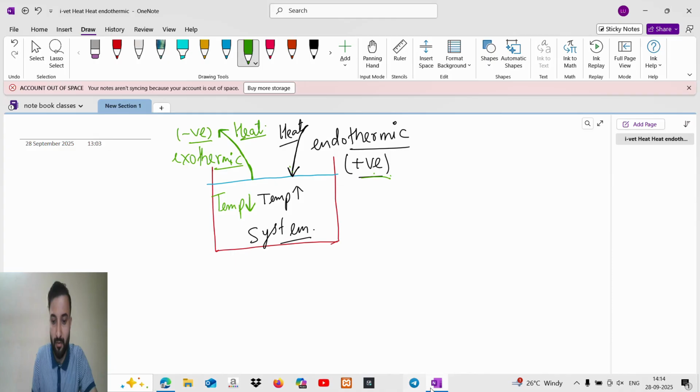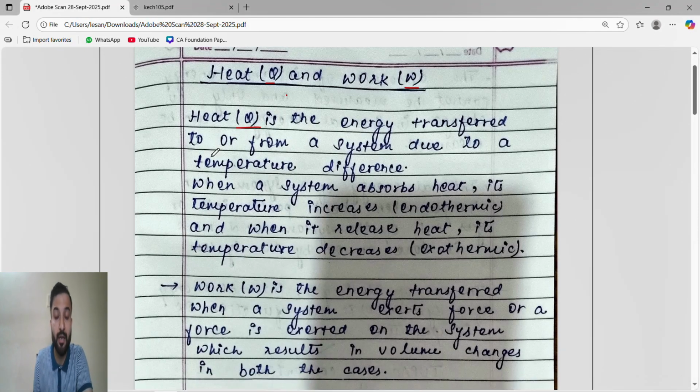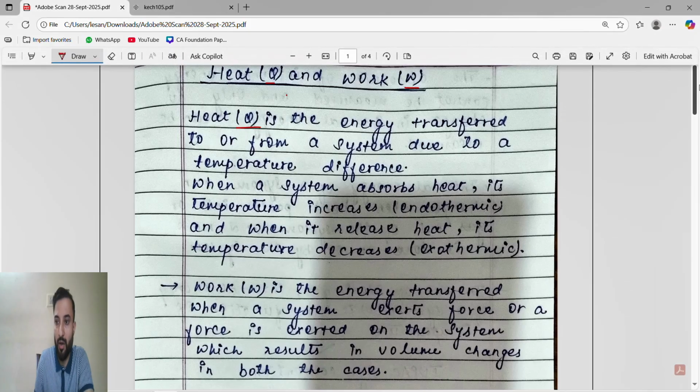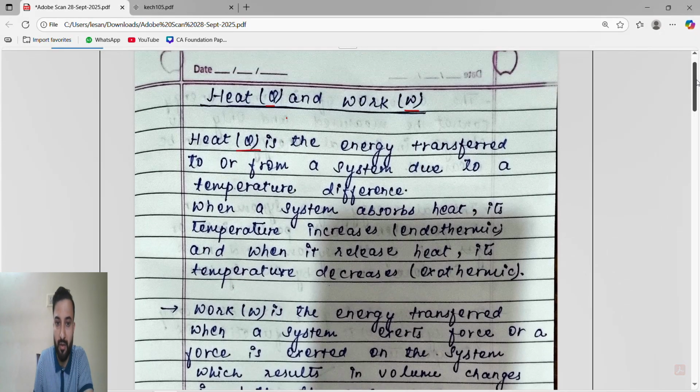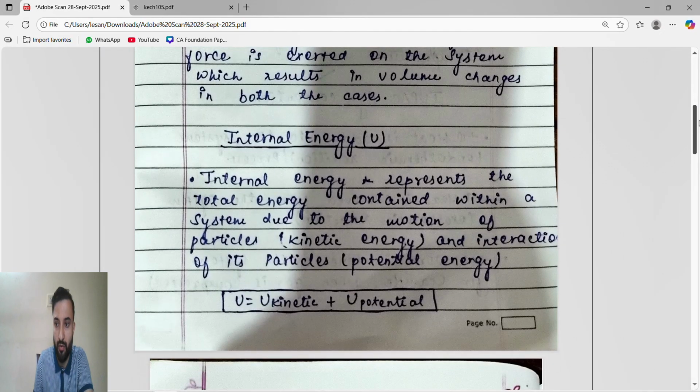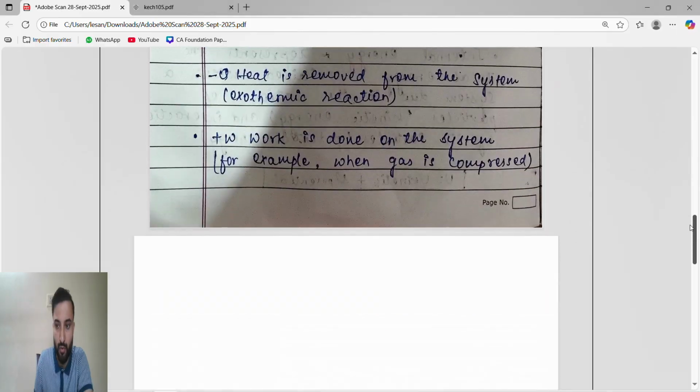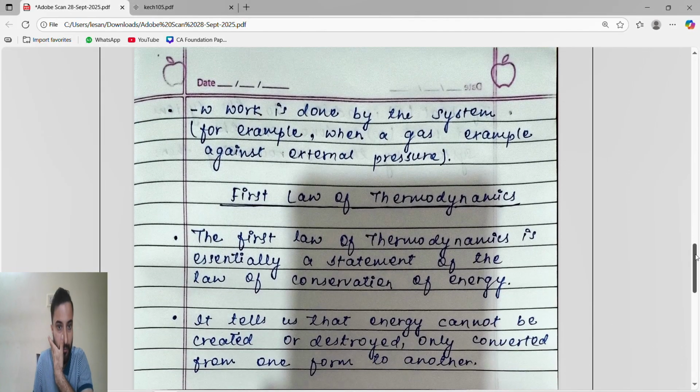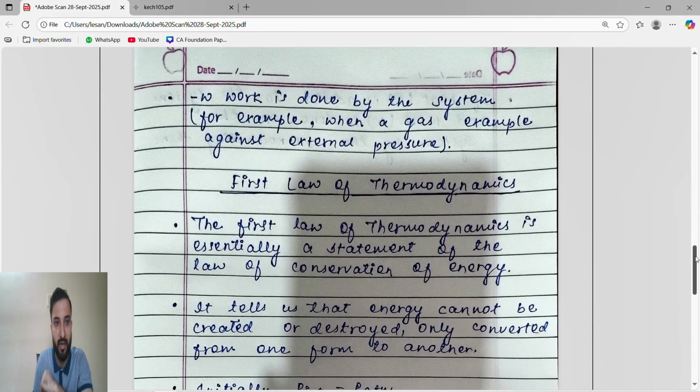Now the next thing, we will just read it. Understand one thing, these are the notes that you have to write. I will not write the notes, so you can pause, take a screenshot, or pause and write the notes.